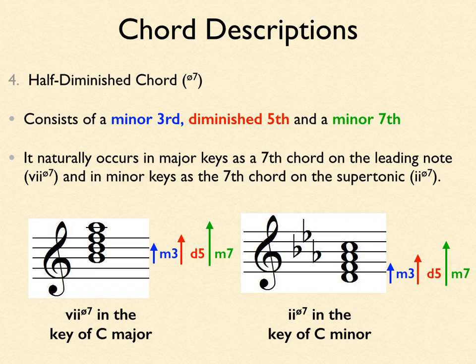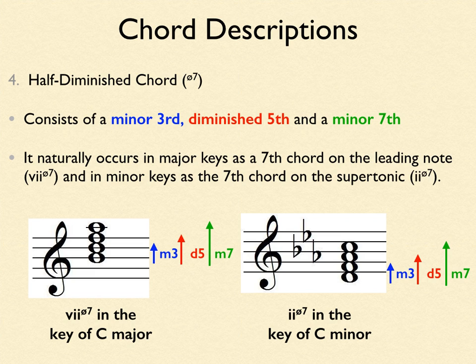Same thing in the key of C minor for your supertonic seventh chord. Take away that C at the top of that chord, and you're back to a fully diminished chord, because the distance between your D and your A flat is a diminished fifth. So remember, that's a handy wee tip to remember the difference between fully diminished and half diminished chords.